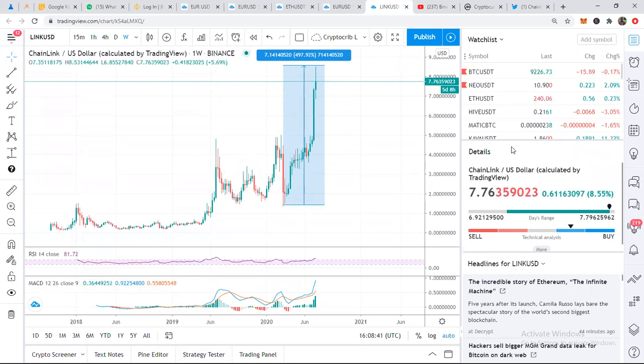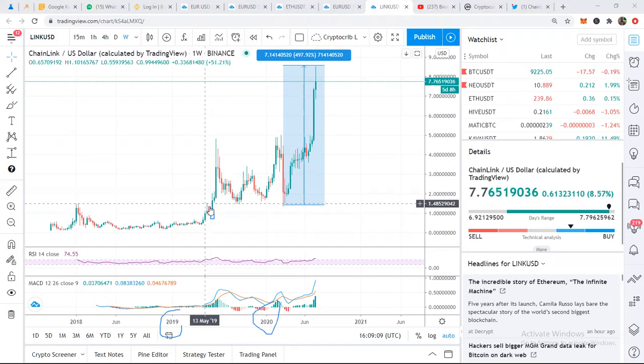Now, this is where the magic is. Let's take this as the 13th of June, and from the 13th of June till now, let's check the price increase. We are at 2019 here. This is 2019, this is 2020, the start of 2020. You don't get it?